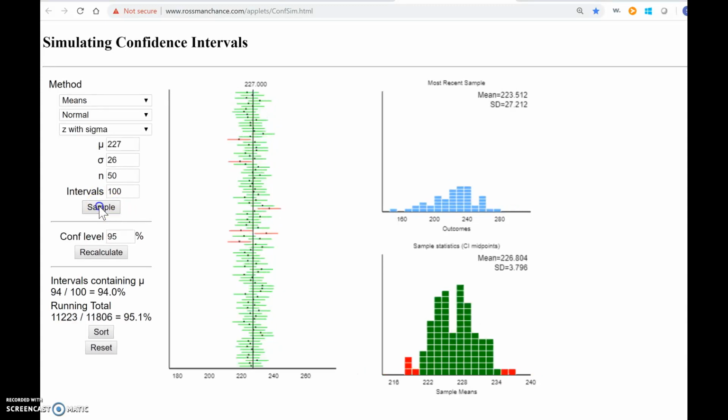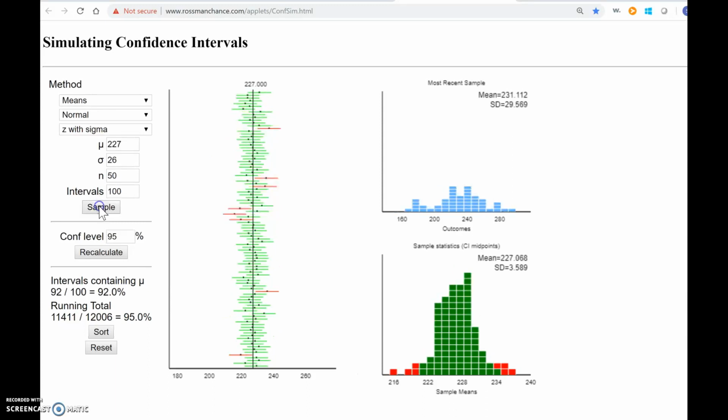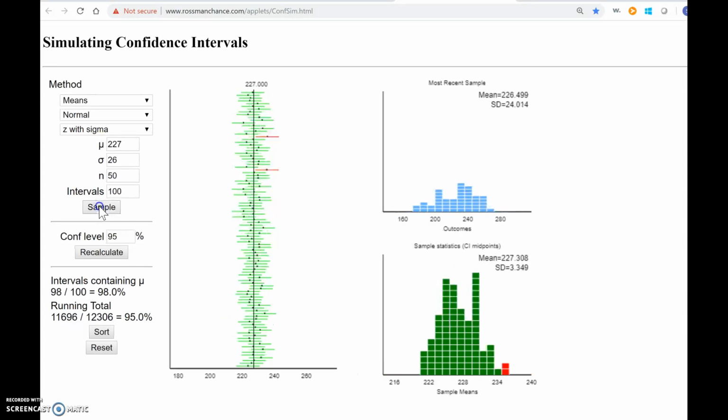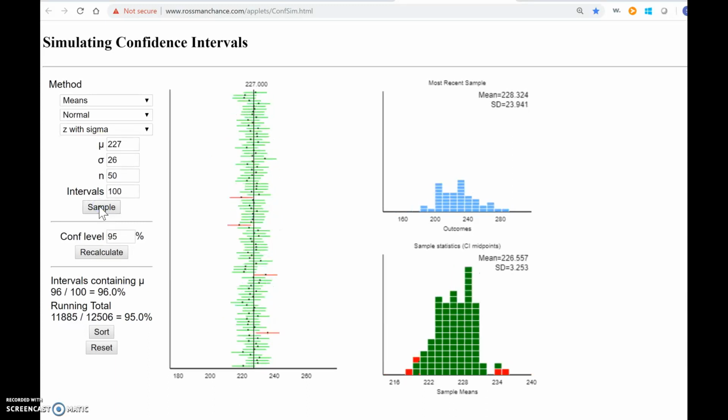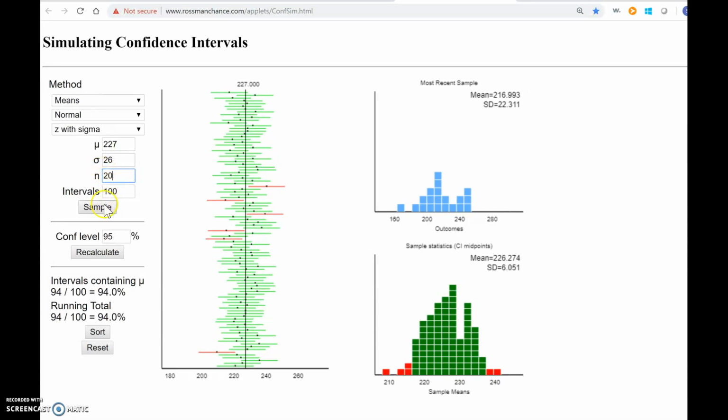I want to get one that's got 5 misses. Ah, 4 is good enough. So I don't know if you can see it because it's kind of small, but maybe I want to kick the sample size down to 20 because I don't want them to be so, actually I'm going to kick it down to like 10.